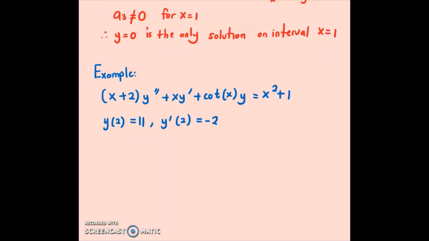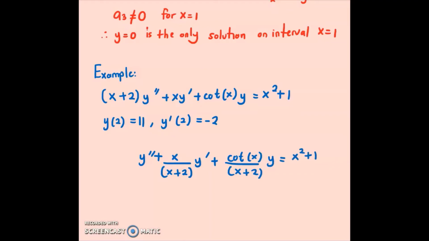Okay, solution. So we want to show on which interval the solution is unique. If you're given a question like this, first thing you need to do is arrange it in the standard form. So the standard form gives y double prime, divide everything by x plus 2, y prime plus cot x over x plus 2, y equals x squared plus 1 over x plus 2.